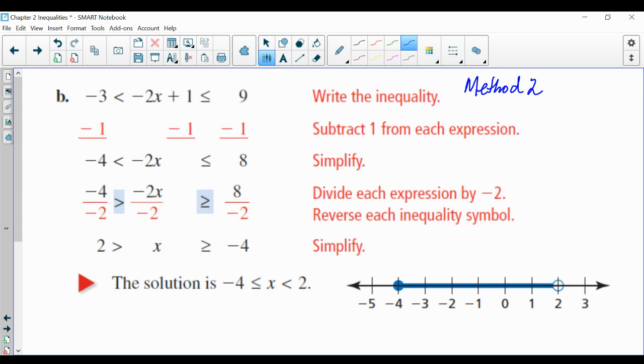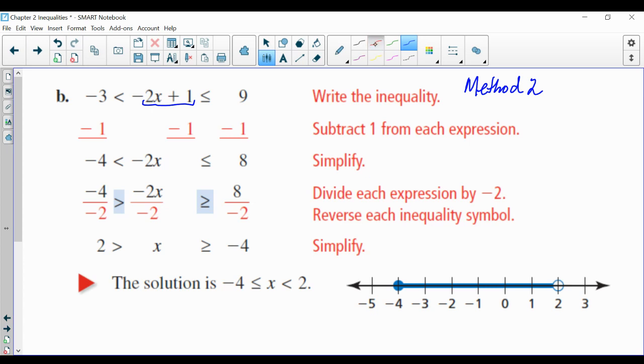Whatever I do to that middle information, I have to do to all the sides of the inequality. Here in the middle, the part they share, I have -2x plus 1.